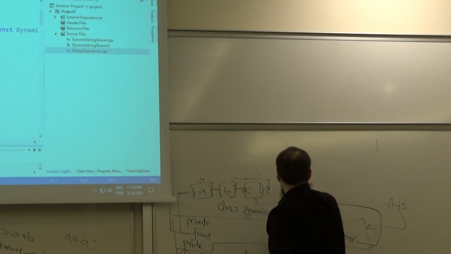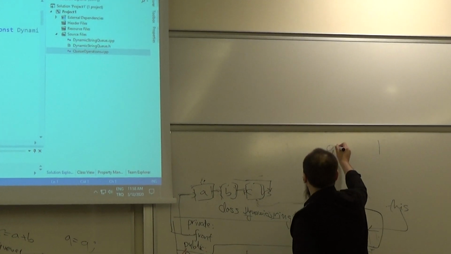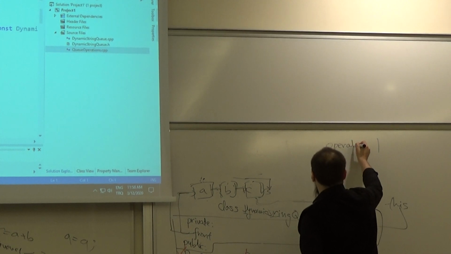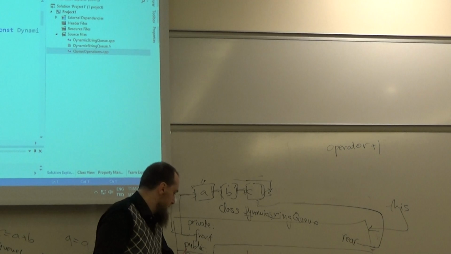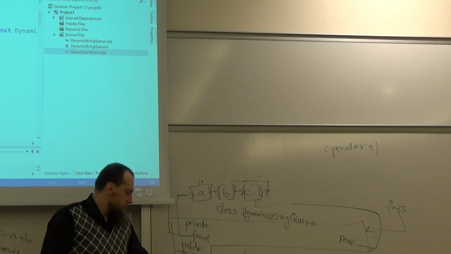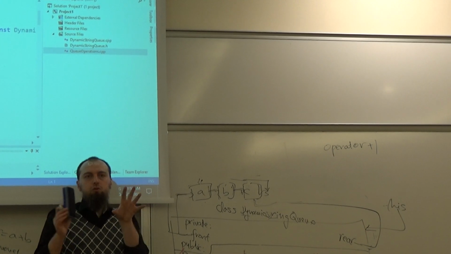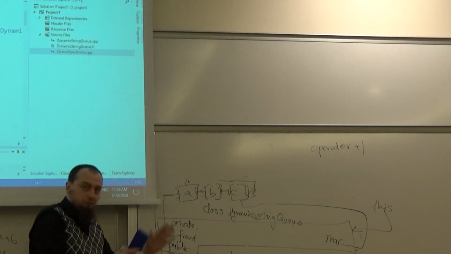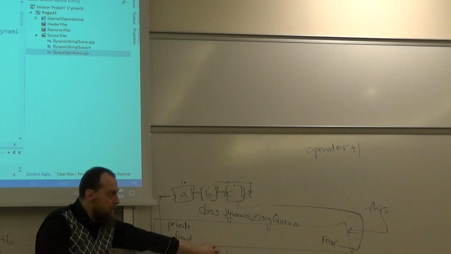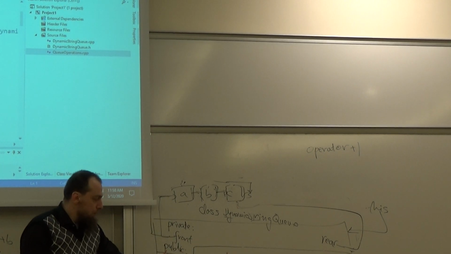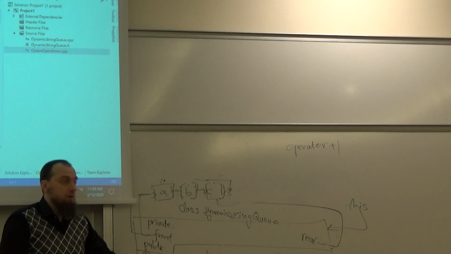I'm going to write the functions. So this is my operator plus. Now remember, holding the operator equal, we have two parts: A is equal to B. But the left-hand side, the equality part, is the object itself, because operator equal here is a member function.